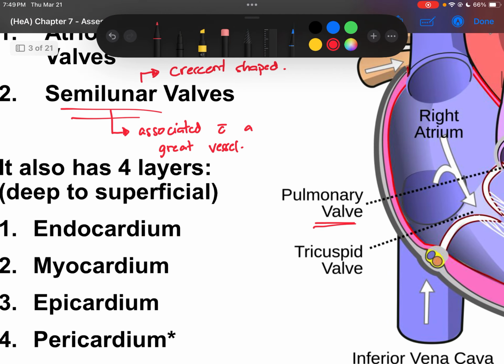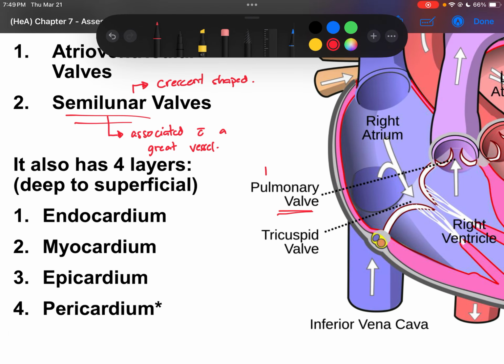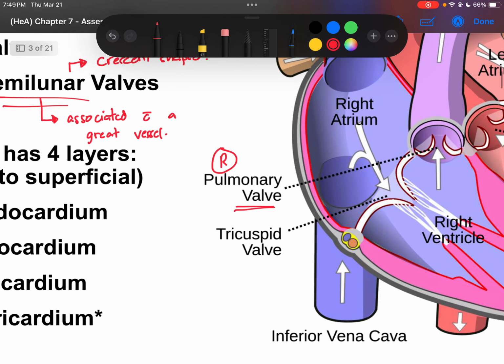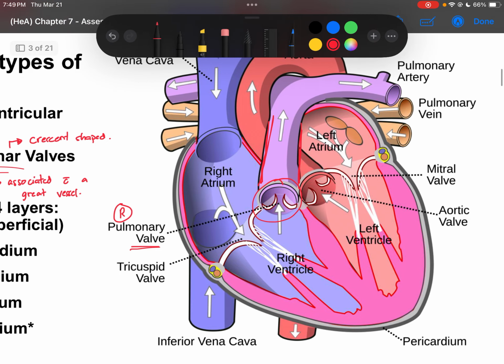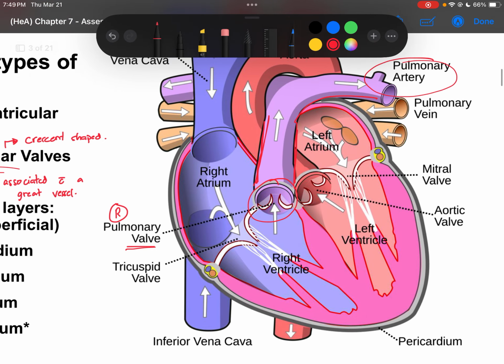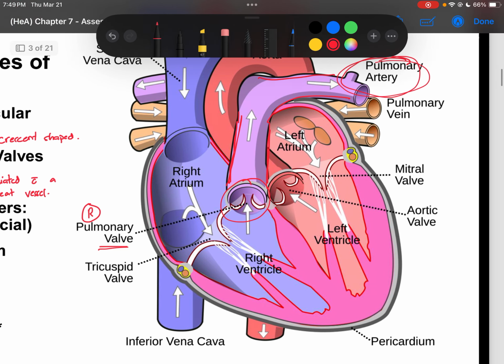The first of our semilunar valves is our pulmonary valve, which is found at the right side of the heart. The pulmonary valve is associated with your pulmonary artery.